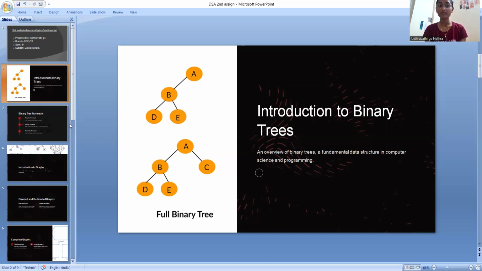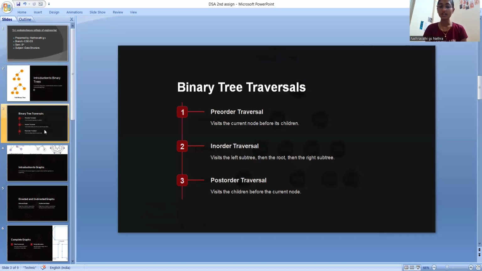In pre-order, B is first, D is second, and E is third. It's simple: in post-order, the main root node B comes last. In-order, B comes in the middle. In pre-order, B comes first. This is the simple thing we want to learn in pre-order, in-order, and post-order.